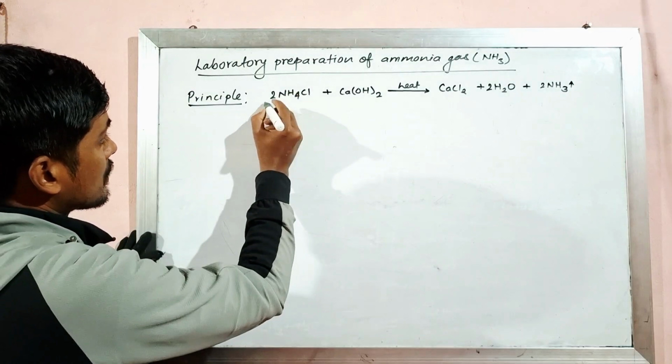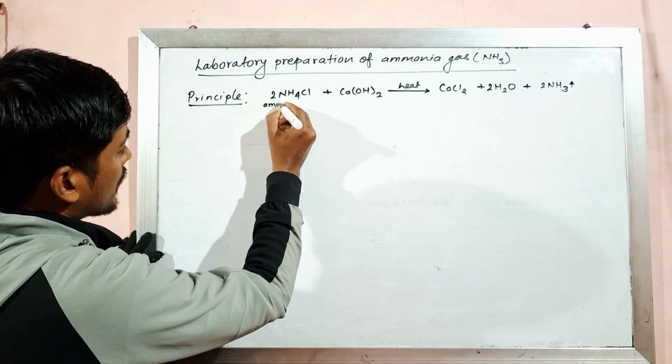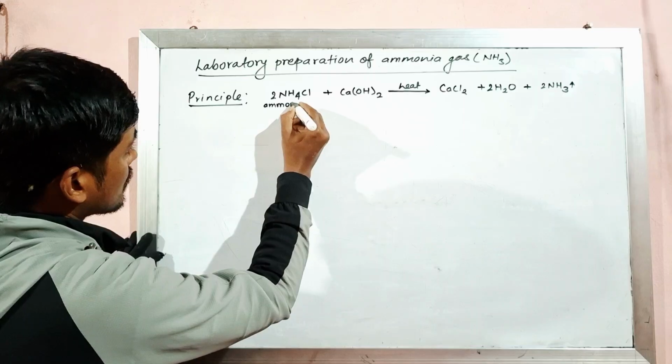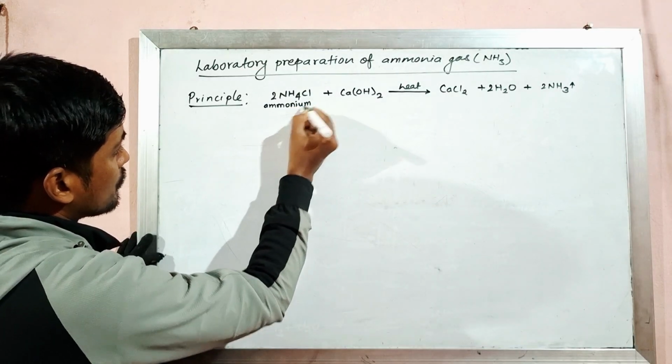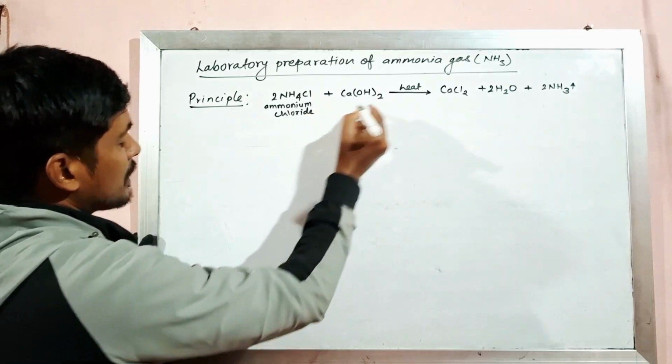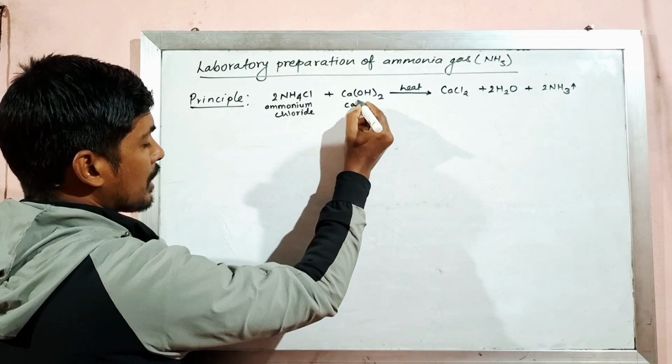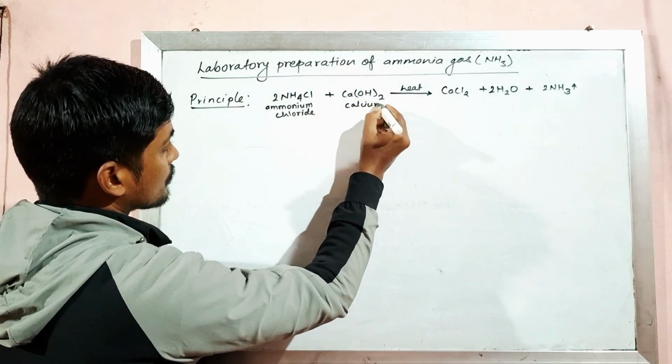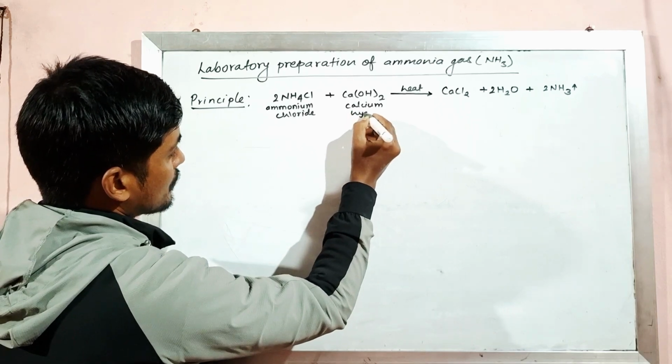Now, this is what? Ammonium chloride, also known as sal ammoniac, and this is calcium hydroxide.